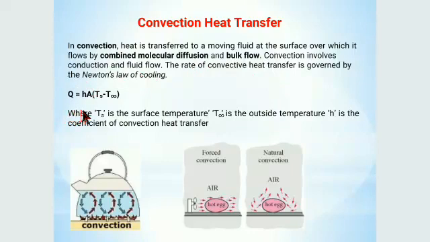Q is equal to hA multiplied by Ts minus T infinity, where Ts is the surface temperature, T infinity is the outside temperature, and h is the coefficient of convection heat transfer. There is a figure of convection. See here, this is forced convection and this is natural convection. See the differences.